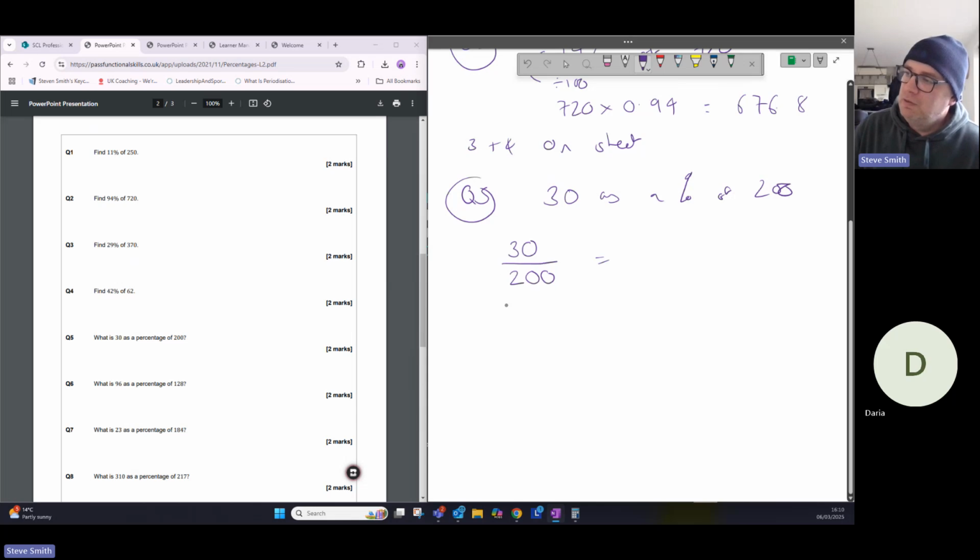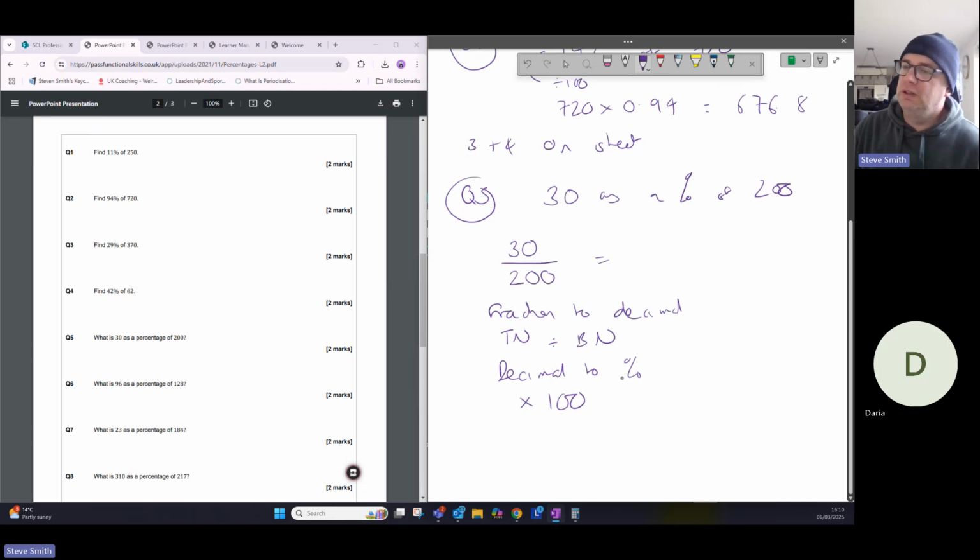Well, for any fraction to decimal, we do top number divided by bottom number. And then from any decimal to a percentage, we literally get times by 100. So whatever we get here, we times that number by 100 to get our percentage.